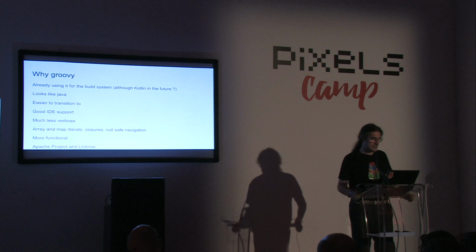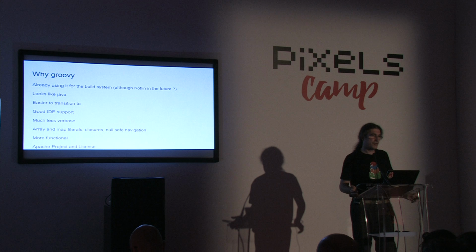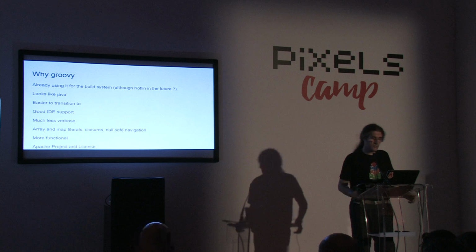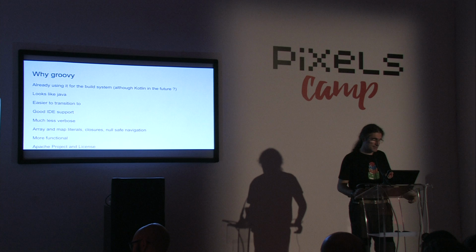Like I said, it looks like Java. It's easier to transition to, so you can start experimenting with it and start using everything you already know from Java. If you don't know how it's done in Groovy, you can softly start using the Groovy way of doing things. It's much less verbose, as we've seen.